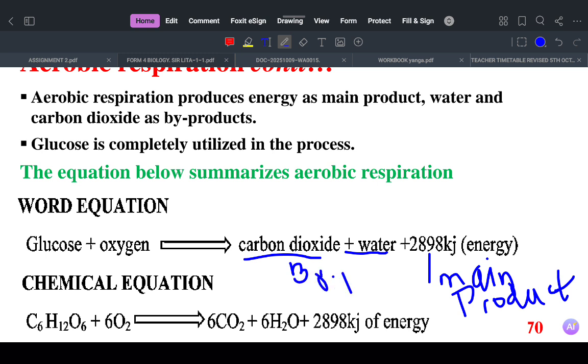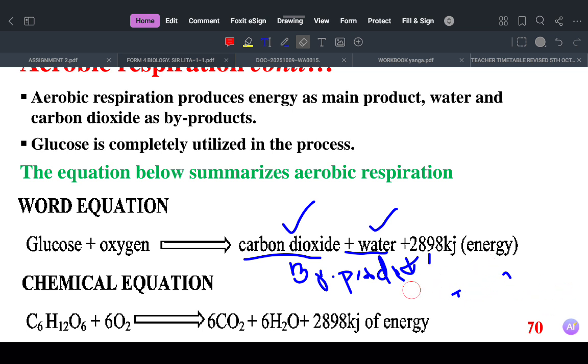They can ask you in an exam to state two main products or name one byproduct of aerobic respiration. So it's either carbon dioxide or water. Take good note of that.